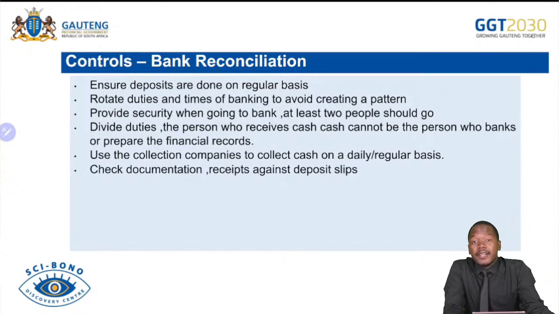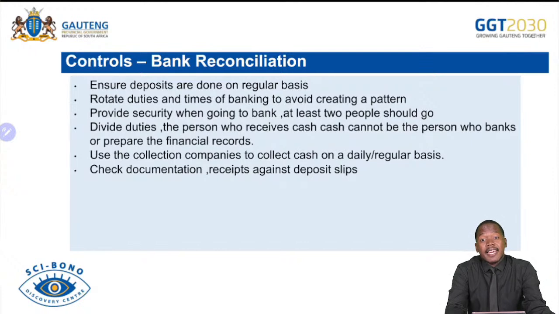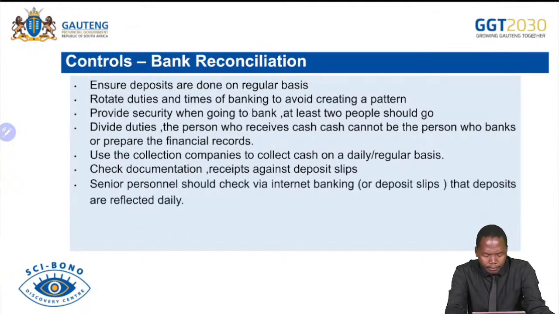Right. Now, next point, as bookkeepers, as accounting people in a business, we need to ensure that we check all documents. We ensure that our receipts are being checked against our deposit slips. And then again, grade 12s, there should be a senior personnel.